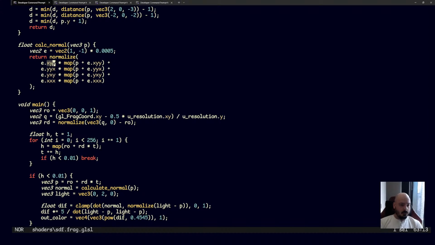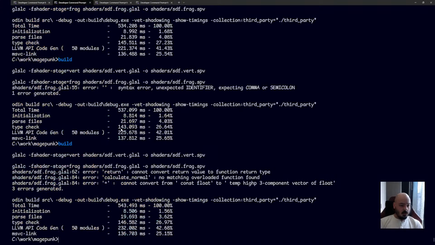What's the problem here? Cannot convert return value to function return type. Okay, calculate normal: no matching overloaded function found. Cannot convert from vec3 to float.